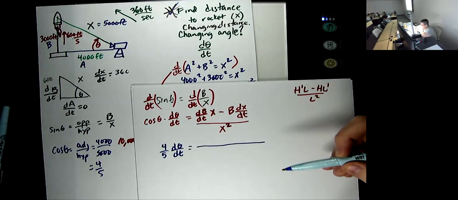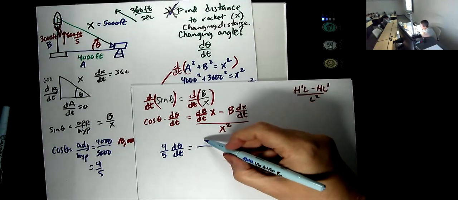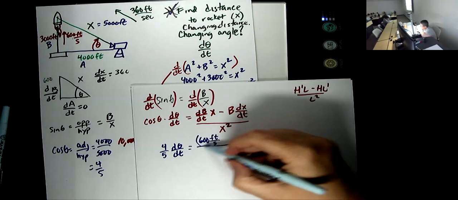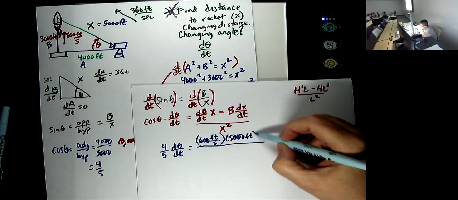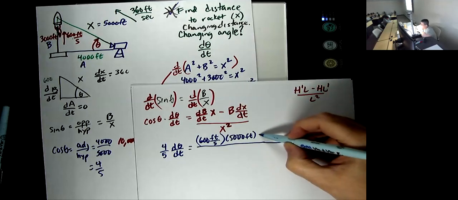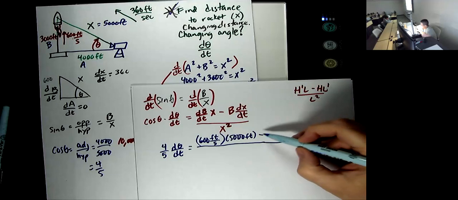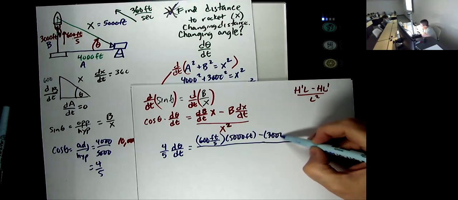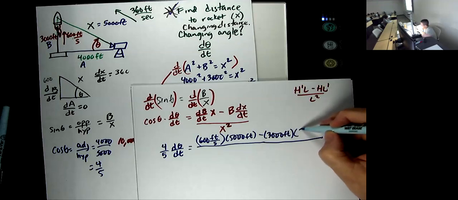dB dt is the vertical change. The vertical change was 600 feet per second. We're multiplying that by x, which was 5,000 feet. I need a bigger fraction. And then I have b was 3,000 feet, and dx dt was 360 feet per second.